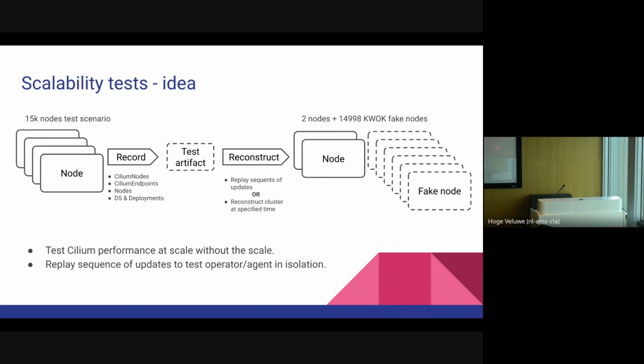Either you need to know the agent, the operator, Cilium, and maybe also Kubernetes really well, and then you are able to write those tests. Or maybe we could come up with some better tooling for developers, so that they could, for example, capture the state, either a final state or the sequence that led to the state, and then replay the sequence of events, or just apply those final resources.